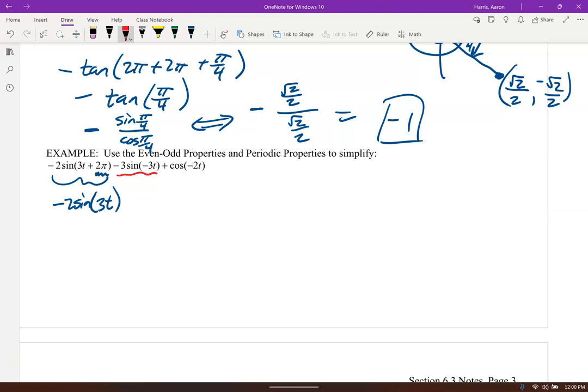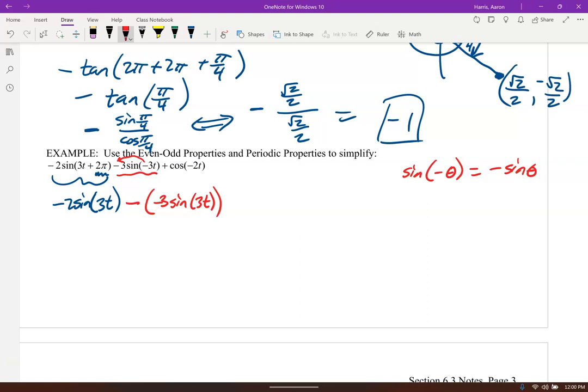remember the sine function is odd. So the sine of negative theta is negative sine of theta. So it's kind of like that negative can go out front. So it's minus a minus 3 sine of 3t, because it's odd.